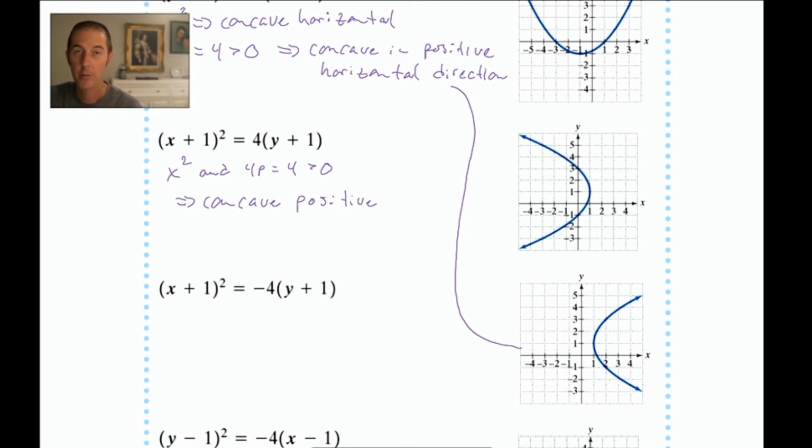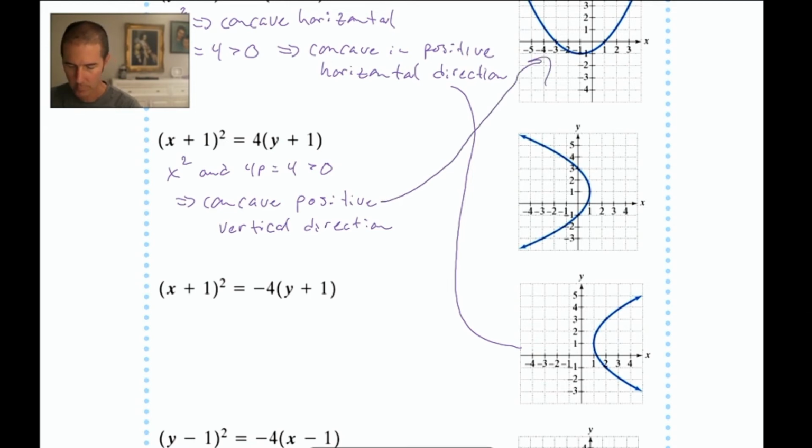Vertical can be up, vertical can also be down. So we do want to specify that it's concave in the positive vertical direction, which means we're going up here.